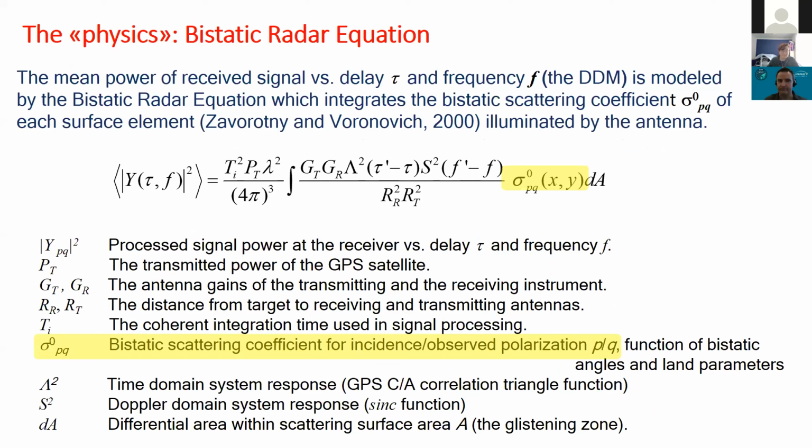The radar equation is extended to the bistatic configuration by means of the bistatic scattering coefficient, which is a function of the bistatic angles, as well as the incidence and observed polarization, and also, of course, of the land parameters, such as soil moisture and biomass, to give an example.